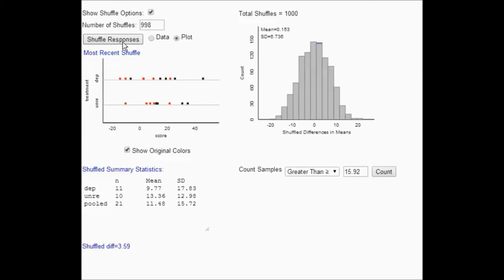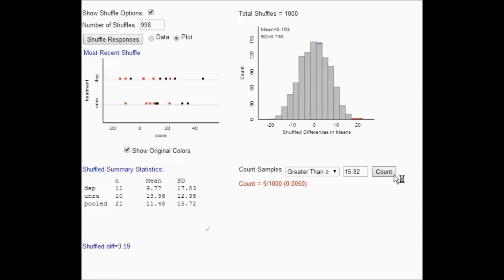Thus, we would expect our difference in sample means generated under this true null to reflect that and cluster around 0. And we can also see that the observed statistic of 15.92 is way out in the tail of the null distribution. This shows that even though it's possible that the random assignment process alone could lead to such a large difference between the two groups, it's quite unlikely.